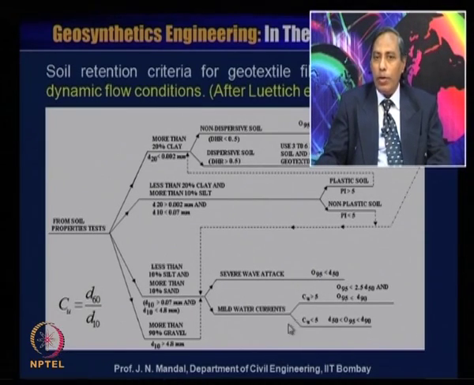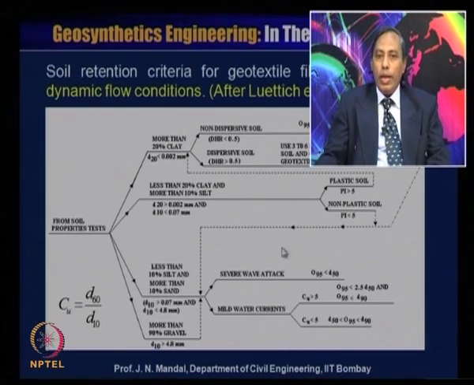If it is a mild water current, then Cu greater than 5 and O95 less than 2.5 into D50 and O95 less than or equal to D90. And if the Cu is less than 5, then O95 is greater than D50 or less than D90.